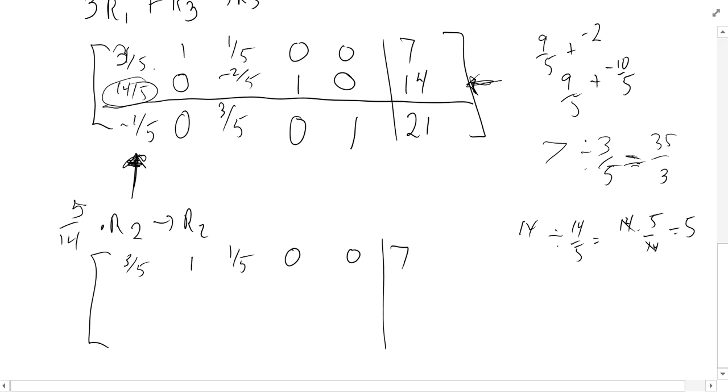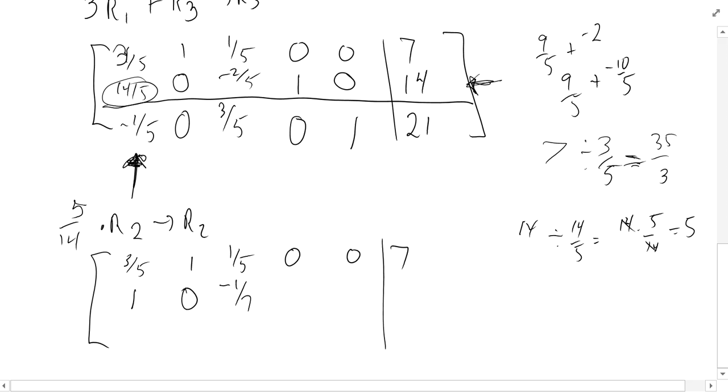The second row, when you take that second row and multiply it by 5/14, I'm going to get 1. 5/14 times 0 is 0. 5/14 times negative 2/5, I get a negative 1/7 there.